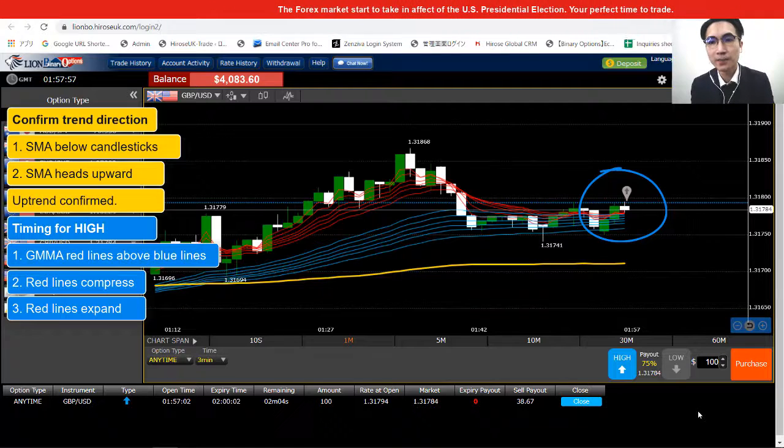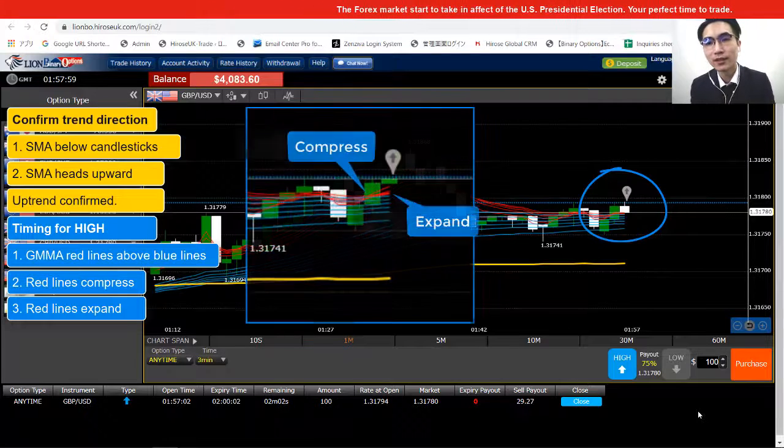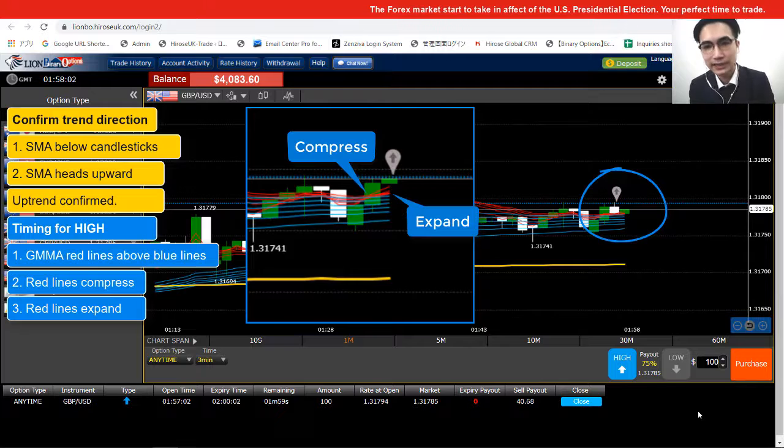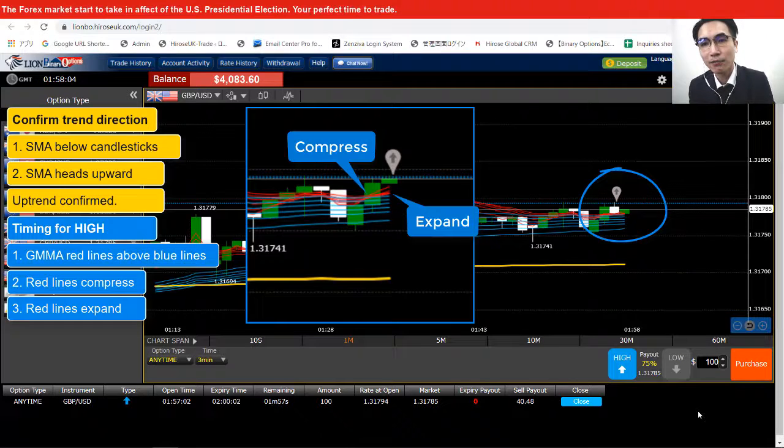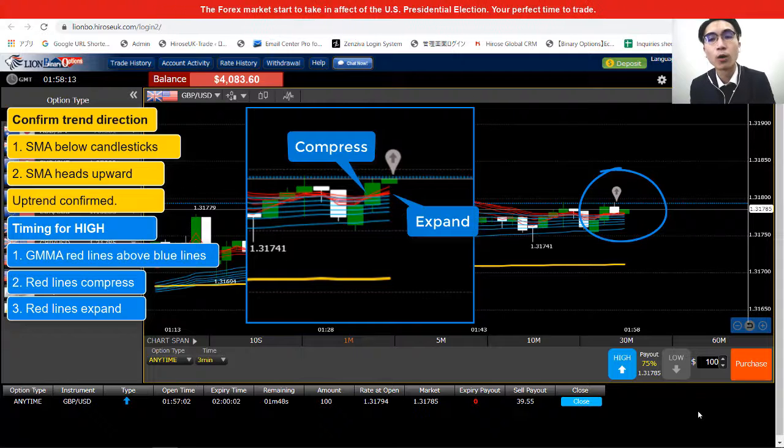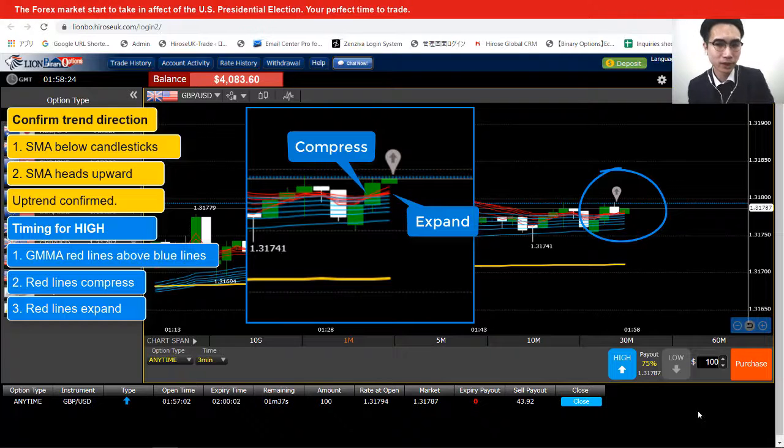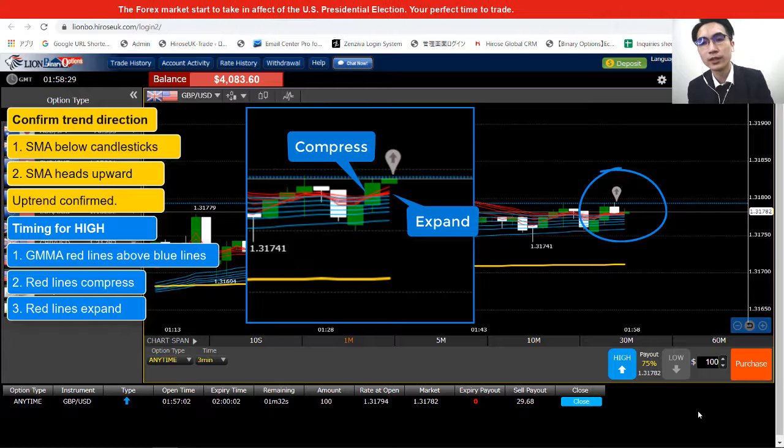You see that when I placed the trade, the red lines were compressing, and then they came out from the blue lines, and the relationship of the two groups of lines became that the red lines are on top of the blue lines, and that was an indication for me to open a high position. So when the red lines compress, and after the compression start to expand, that is going to be the timing for us to open a trade.